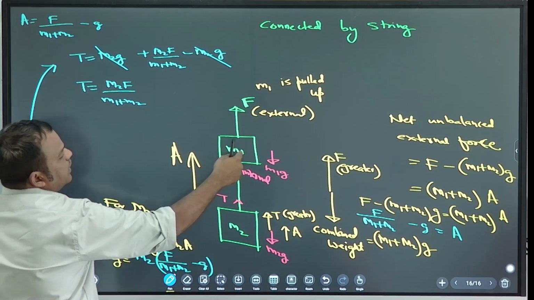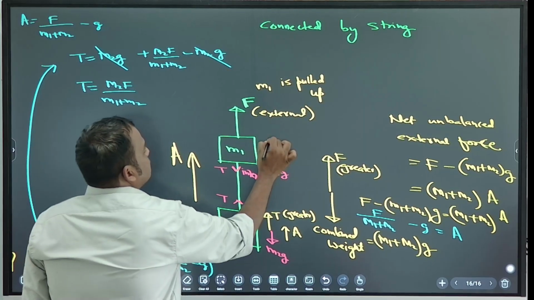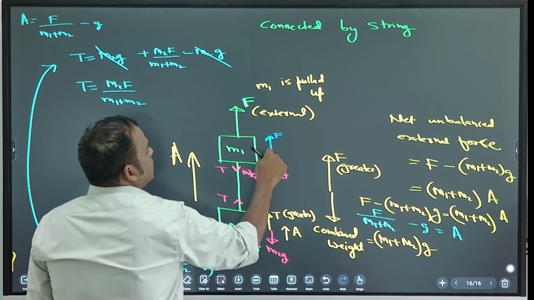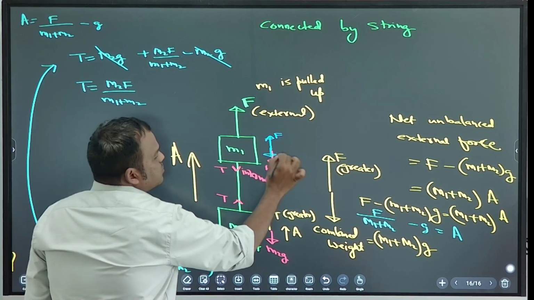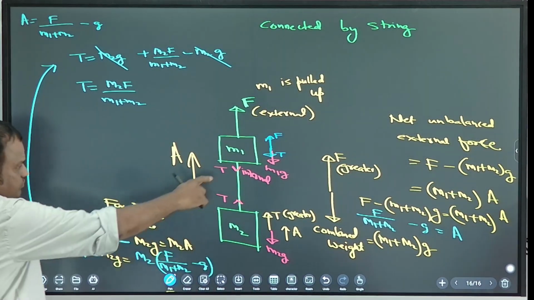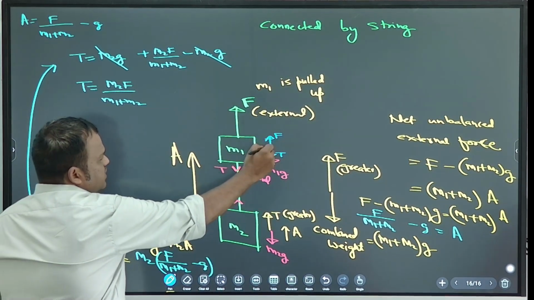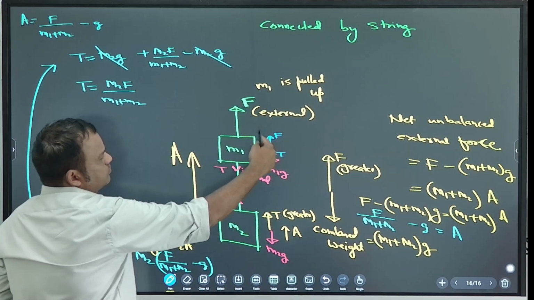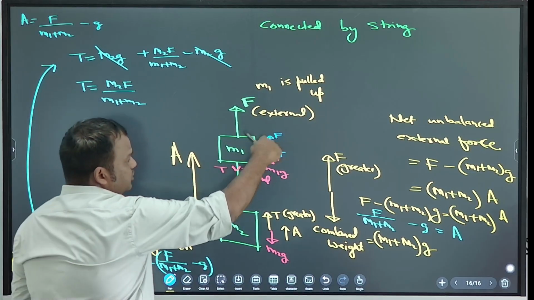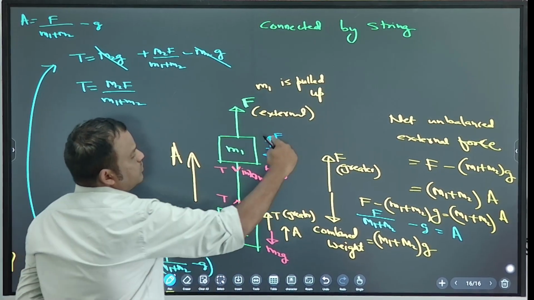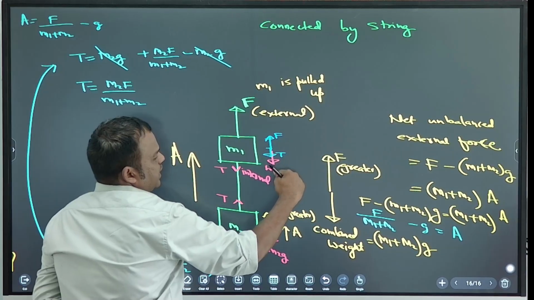For M1 you can write: F is acting upward for M1, M1G is acting downward, tension is also acting downward. Now what is the net force for M1? F minus T minus M1G.